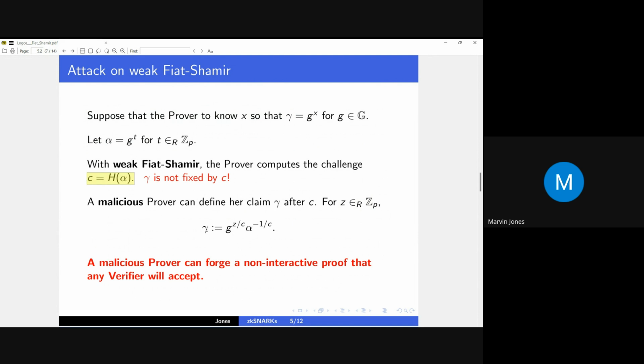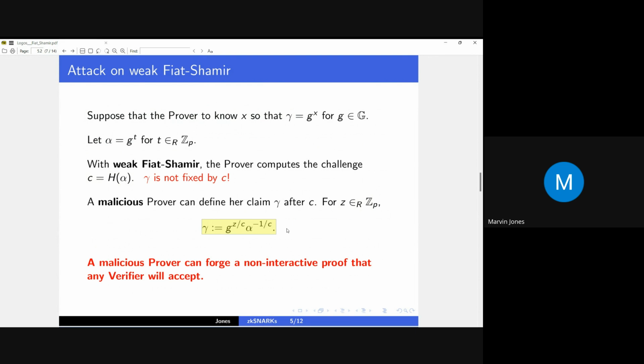But given this, we can forge this gamma maliciously and publish it. This ensures that any verifier will always accept that Schnorr proof for gamma.